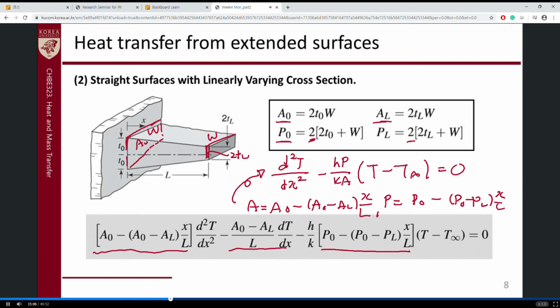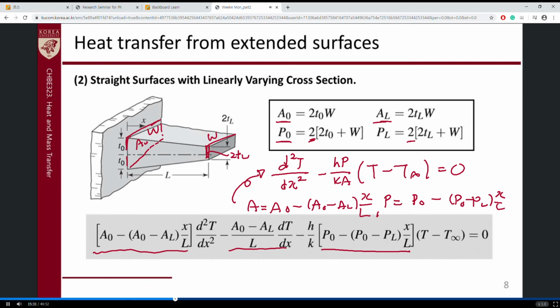Not too much difficult. All right. So the equation goes slightly more difficult when the surface areas are changed depending on the x, right?